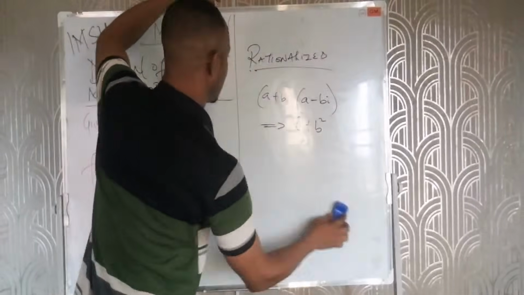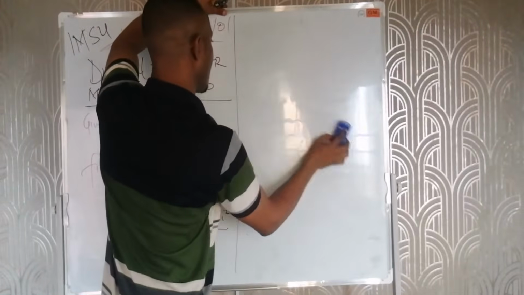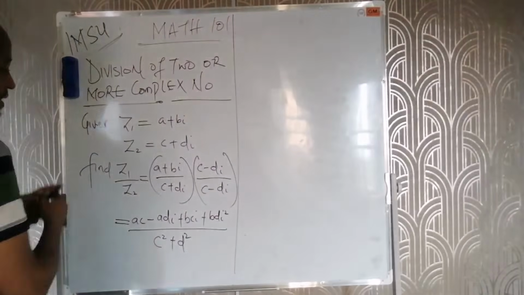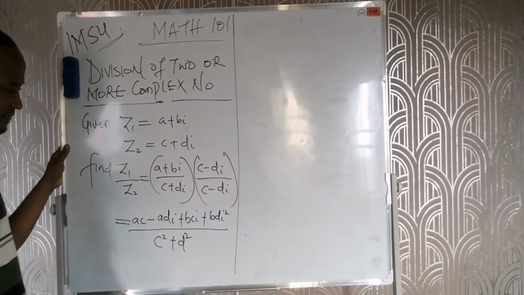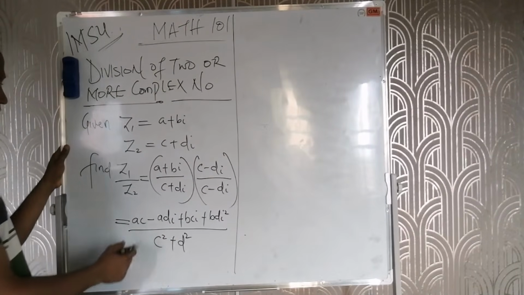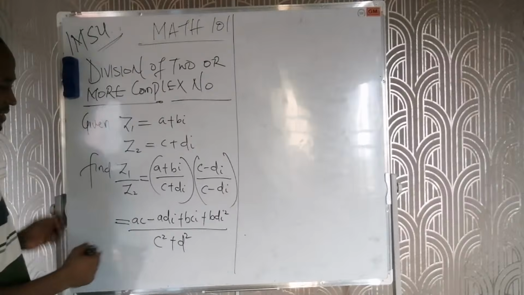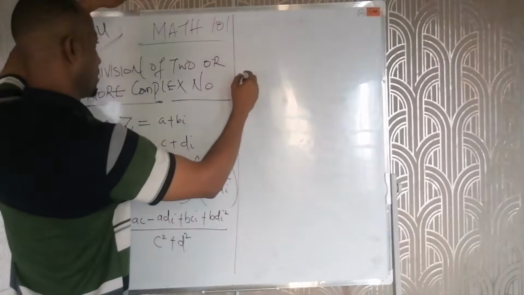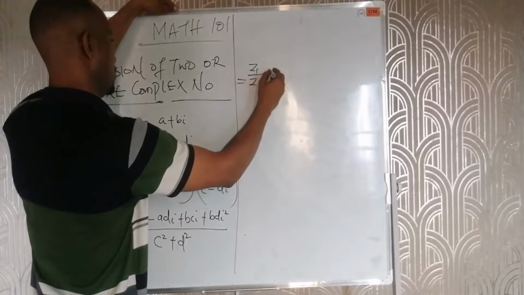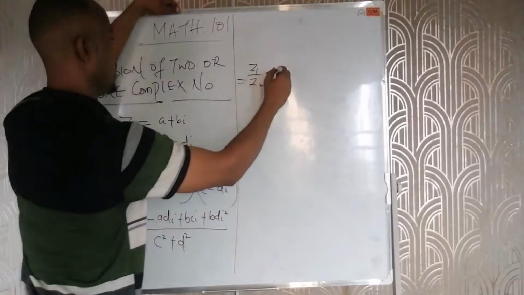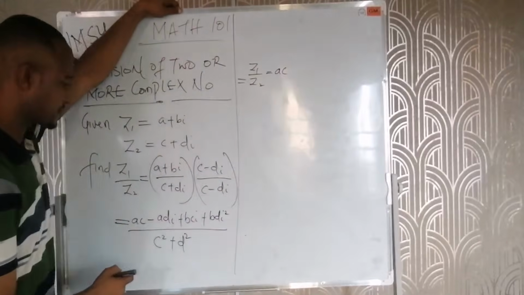Now let's evaluate the numerator. I'm not using actual values right now, but after this, I'm going to use actual values to simplify this. We can evaluate further. Our Z1 over Z2 gives us AC.